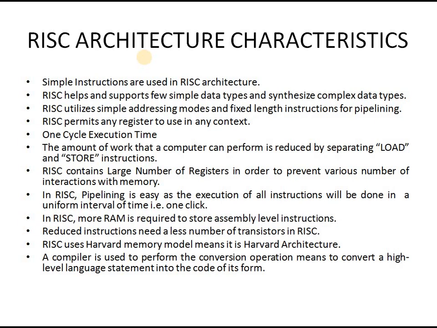Reduced instructions need fewer transistors in RISC. RISC uses the Harvard memory model, meaning it is a Harvard architecture. A compiler is used to perform the conversion operations meant to convert a high-level language statement into the code or its form.